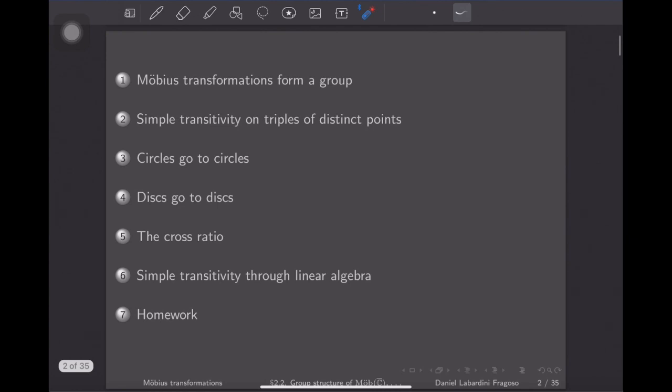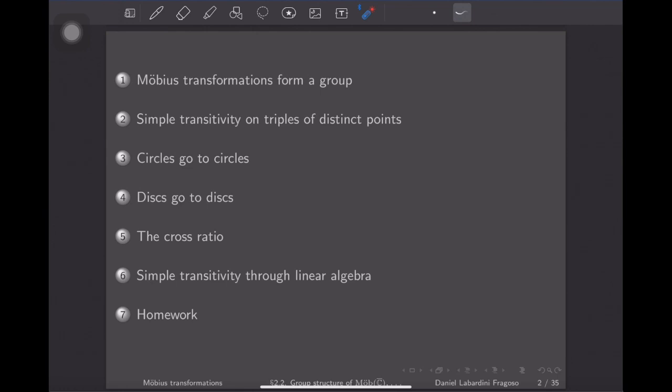Then a fundamental theorem, which is this simple transitivity on triples of distinct points. So if you give me two ordered triples of points in C bar, each of them consisting of three different points of C bar, so ordered and three different, there is exactly one Möbius transformation that takes first one in first one, second in second, third in third.